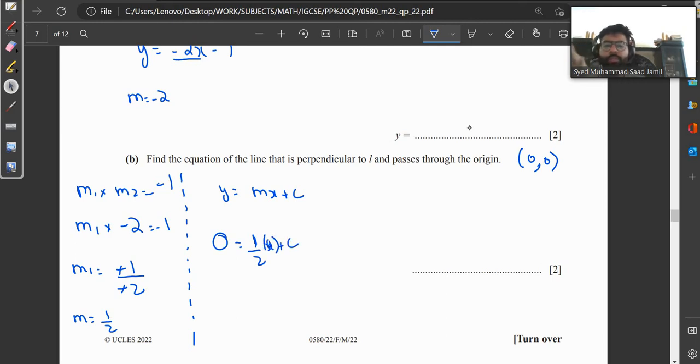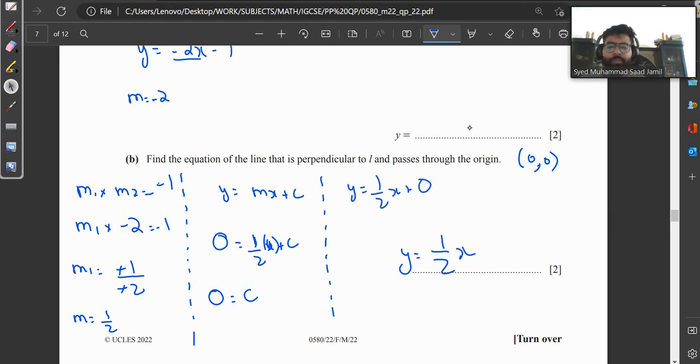So you don't even need to do this. I am just doing it so that you understand where the values are coming from. So see, the value of c is also 0. So you don't even need to do this step. It's just for understanding. So in simple words, the equation of the perpendicular line is y is equal to half x. If I write y is equal to half x plus 0, it means the same thing. So I'm just writing y is equal to half x.